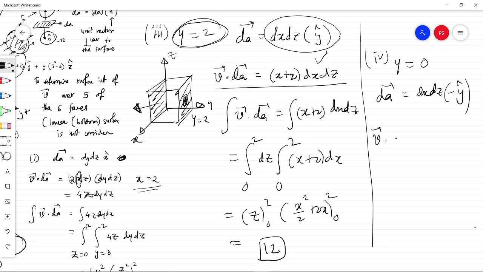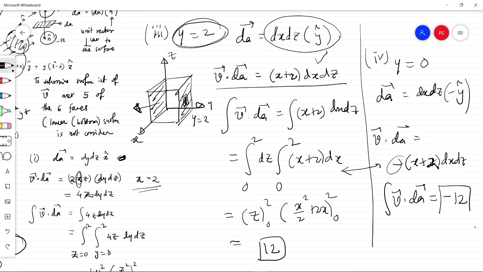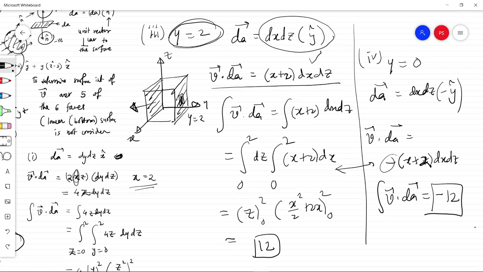So v bar dot dA bar is just minus x plus 2 dx dz. Since there is no other change except this negative sign in these two integrals, this is just going to be minus 12. So four surfaces we are done with.